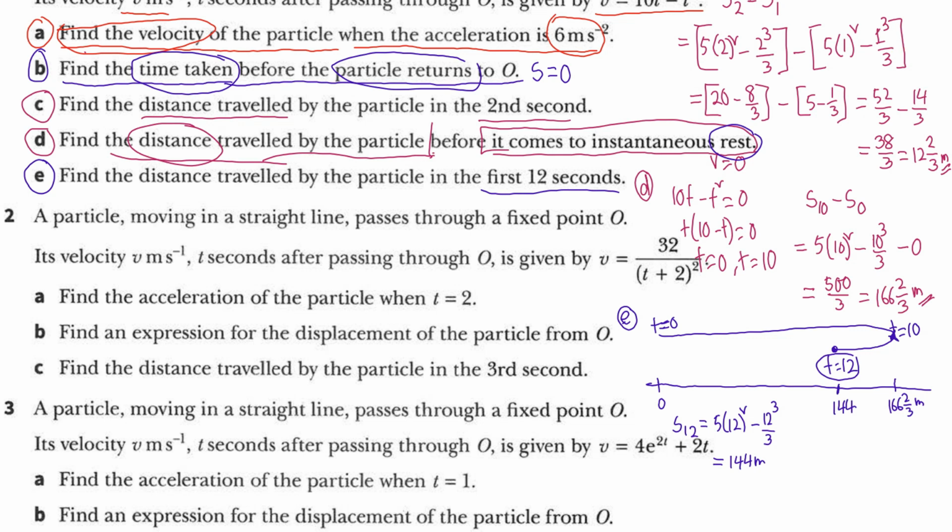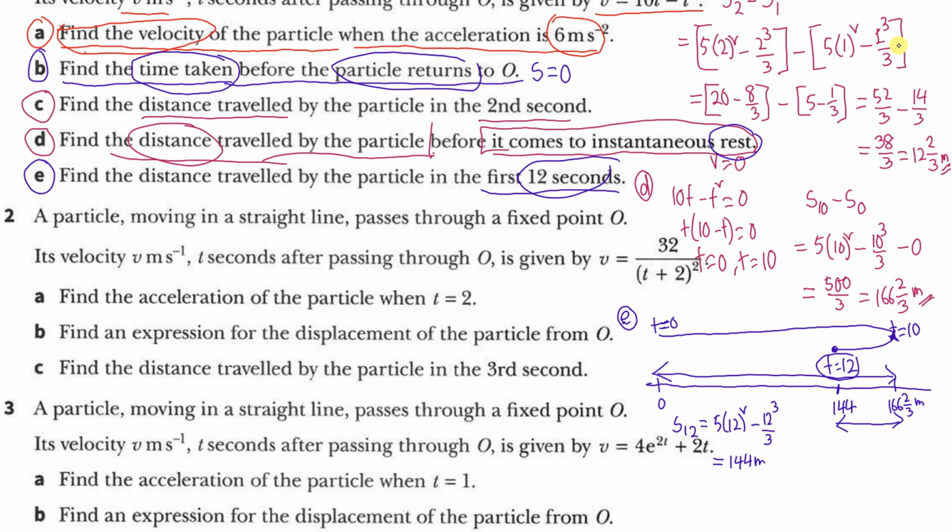Now the question is the distance traveled by the particle in the first 12 seconds. So from 0 to 10 seconds it goes from here to there 166 and 2 by 3, and from 10 to 12 seconds it traveled this distance. We have to add all the distances to get our total distance.